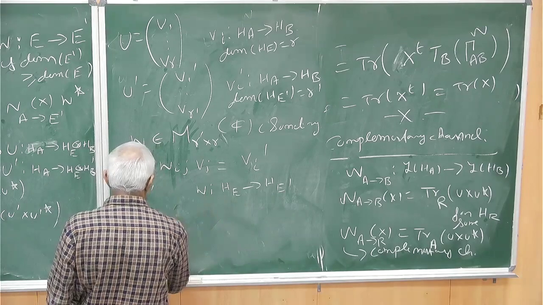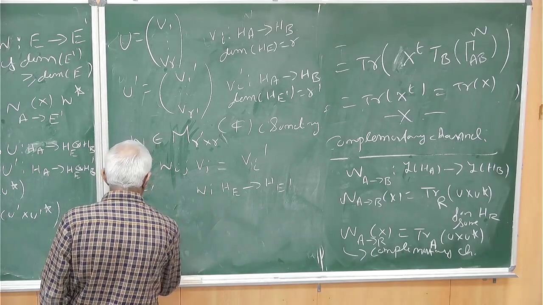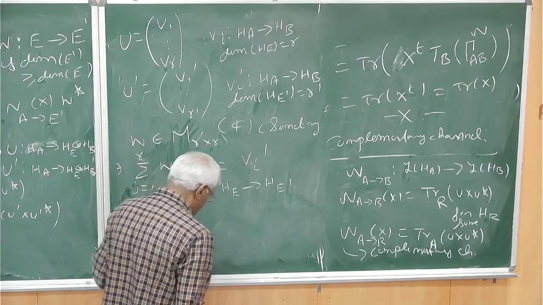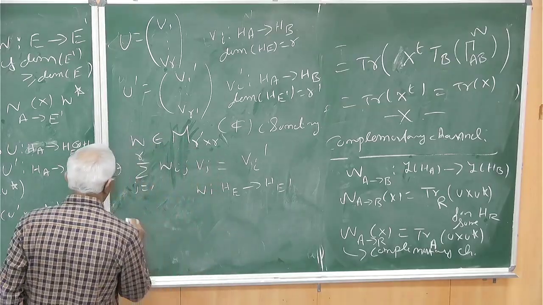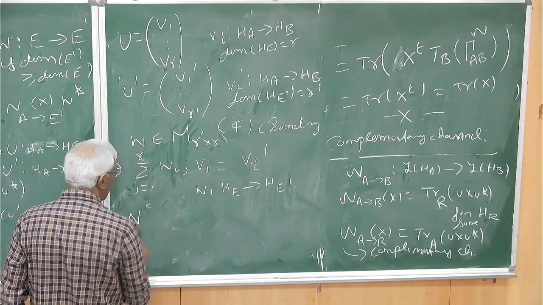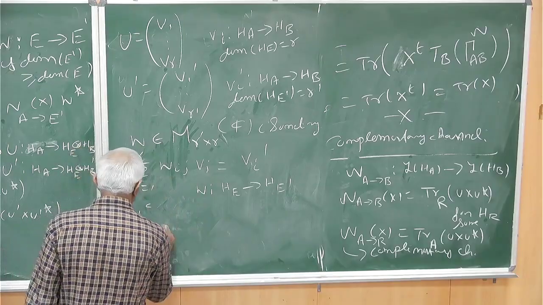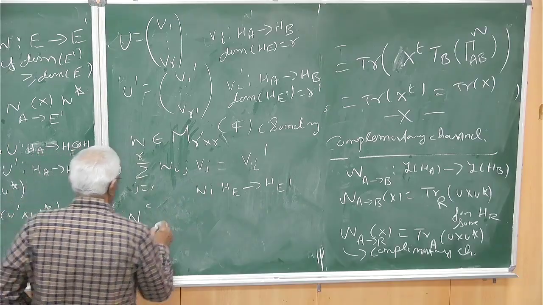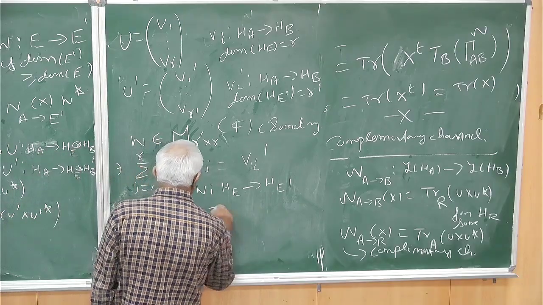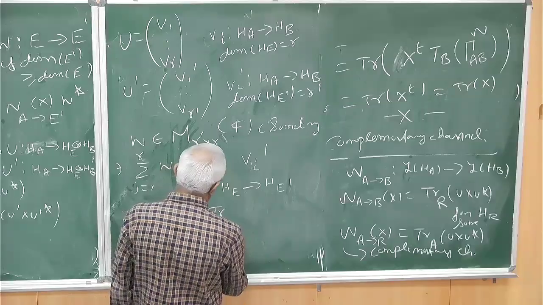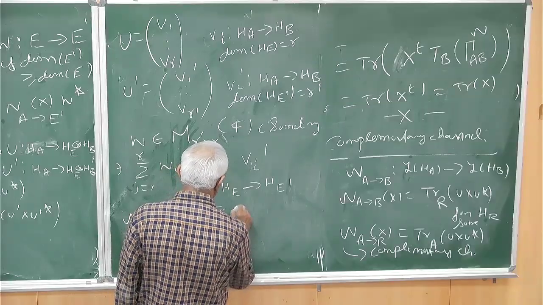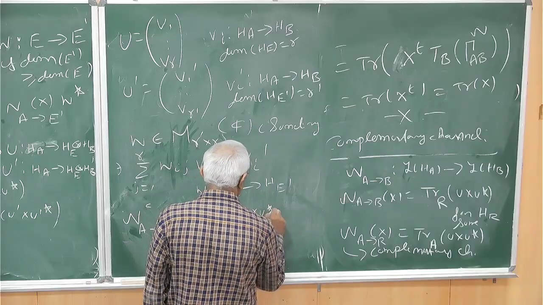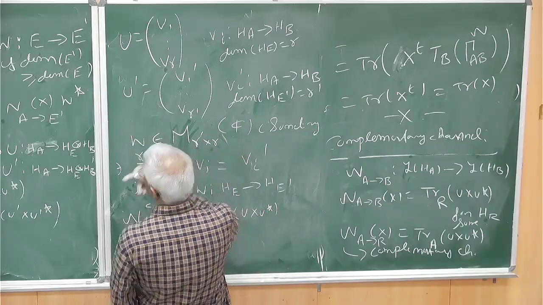Let us see what the complementary channel is. We want to say that N complement from A to E, or the other one, from A to E prime, whatever, of X is equal to the trace over B of U X U star. U is the matrix, no?